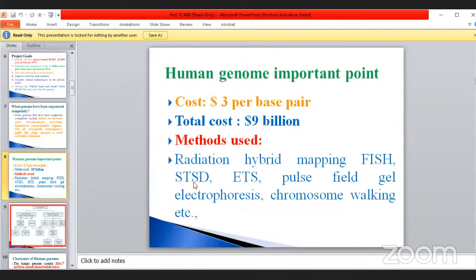Sometimes they may ask which of the following methods was used to analyze the human genome, or which one is the odd one out. So this is very, very important, my dear students. Don't forget. Go to the next one.